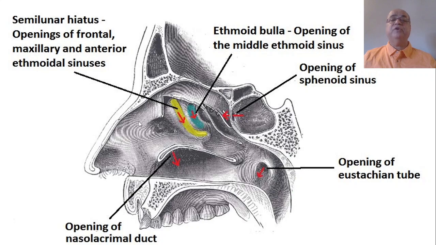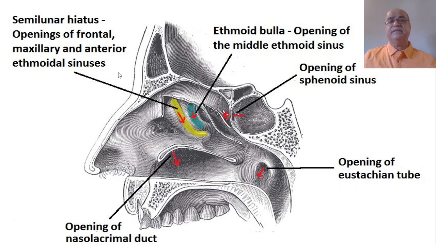The hiatus semilunaris is a semicircular opening located on the lateral wall of the nasal cavity, and it is a component of the ostiomeatal complex, which consists of the uncinate process, infundibulum, hiatus semilunaris and bulla ethmoidalis. The hiatus semilunaris has the openings of the frontal, maxillary and anterior ethmoidal air cells.